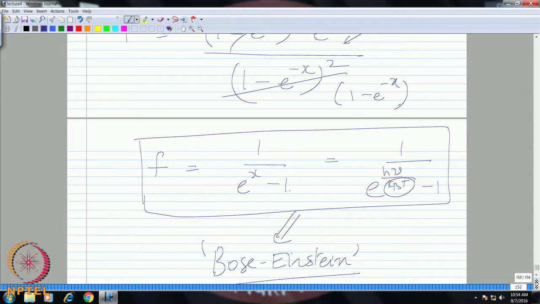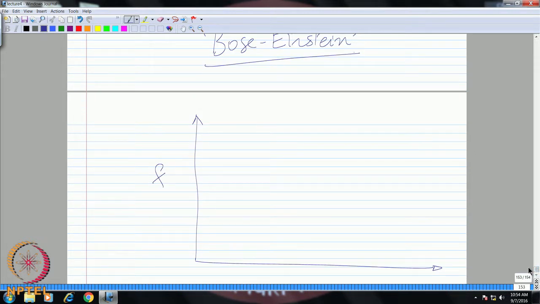You can write this h nu also as h bar omega, multiply and divide by 2 pi and you have modified Planck's constant times the angular frequency. So you can plot this as a function of frequency either nu or omega, it is up to you, in terms of hertz for example.